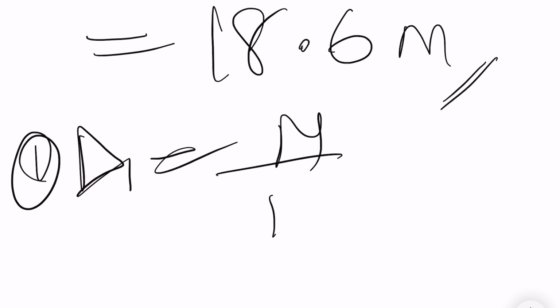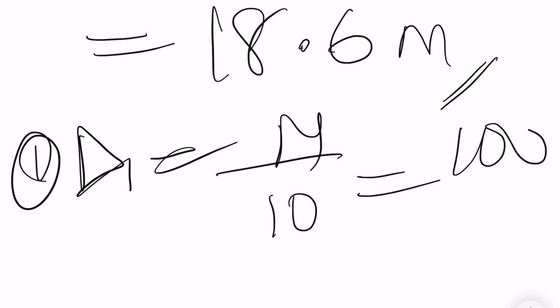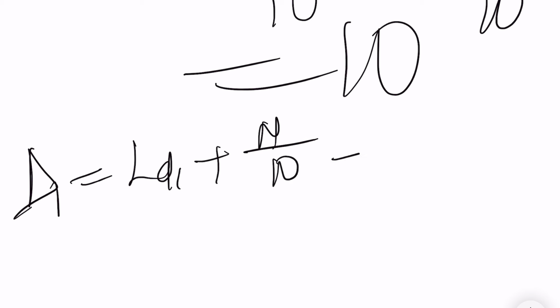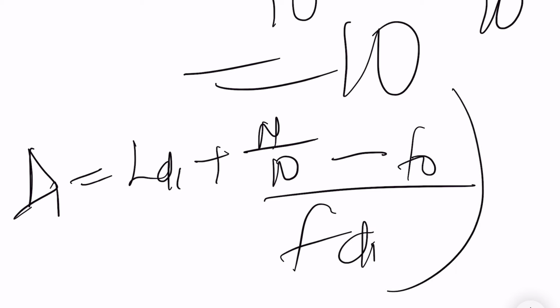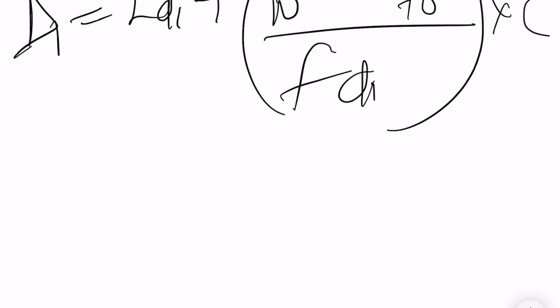Now, for our D1, N over 10 is 100 over 10, which is 10. The formula for D1 is LD1 plus N over 10 minus F0 over FD1 times C, where LD1 is 11.5, because 10 falls in the class 11.5 to 13.5.